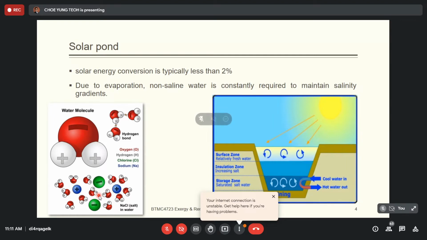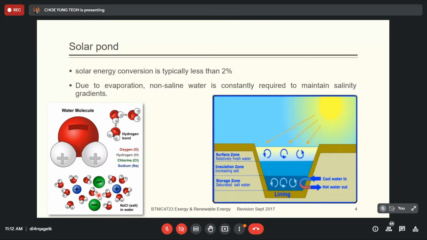So we always say that salt water has a higher density than fresh water, but the difference is very, very small. For example, seawater has a density of around 1020 or 1030 kg per cubic meter, while freshwater has around 1000, just plus 2 to 3% density.